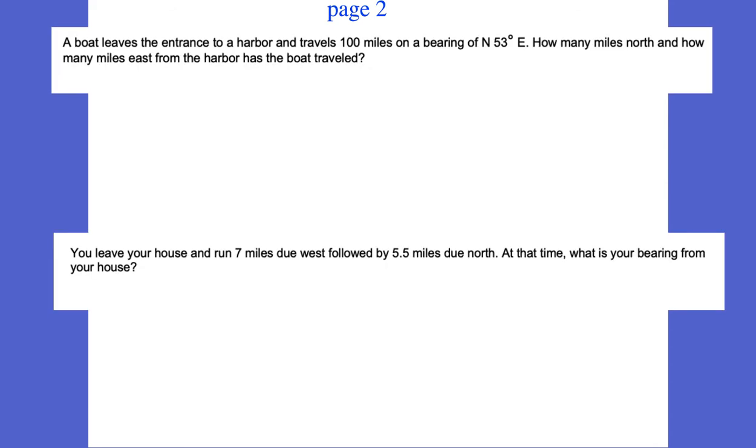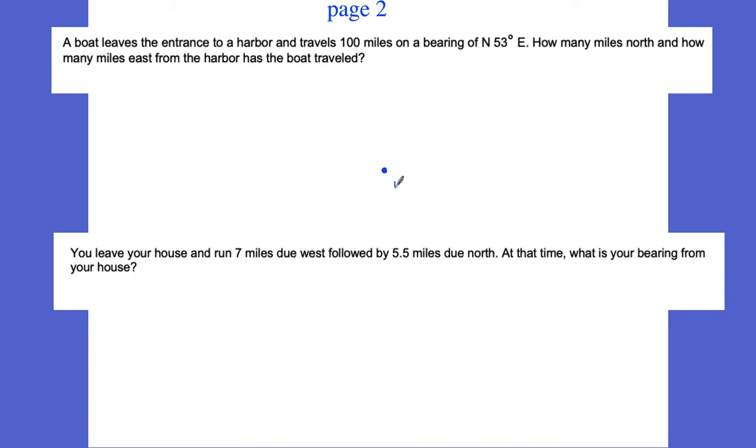Okay, I've got 3 more problems on this page. So we have a boat leaves the entrance to a harbor and travels 100 miles on a bearing of north 53 degrees east. Okay, every time we are dealing with a bearing problem and we're describing the motion of an object relative to a certain point using bearings, it's always a great idea to mark that point on your map that we're creating.